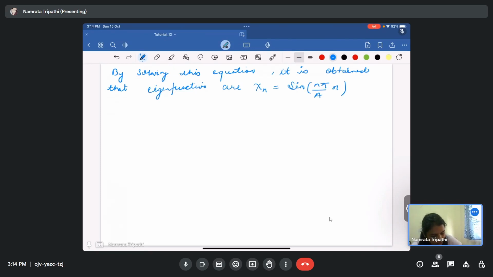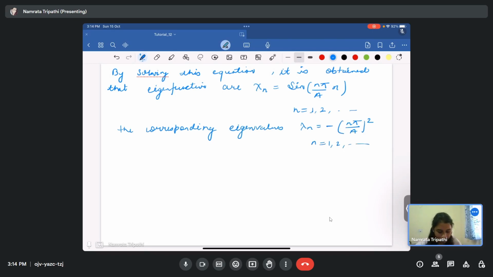We have already solved this SL problem. You can write it in detail also, but I'm skipping this part because we have already done it. The corresponding eigenvalues, fine.